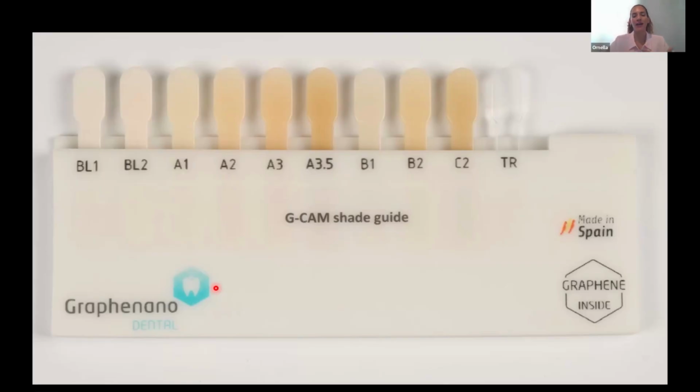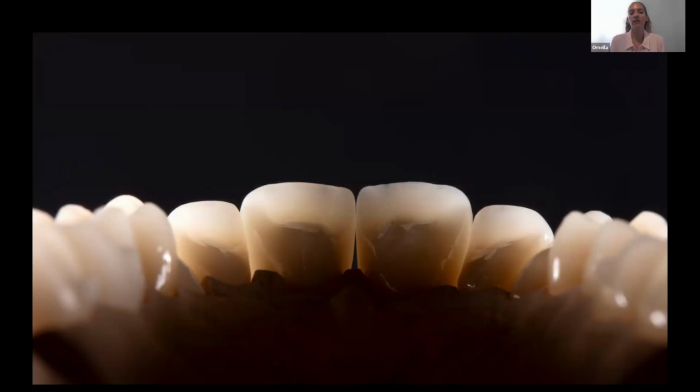Also for the patient, to match better the color of the final prosthetic, okay? So only let you know that you also have that shade guide that is going to help you match the color. Here you can see a multichroma case, okay? These are all crowns, but you can see the translucency of the multichroma disc and the aesthetic that we can provide with this material, okay?